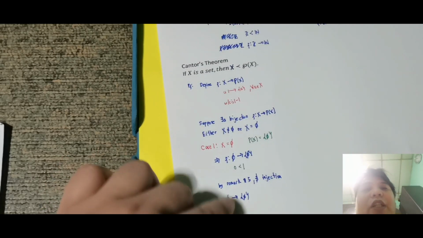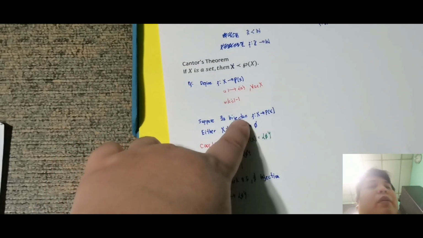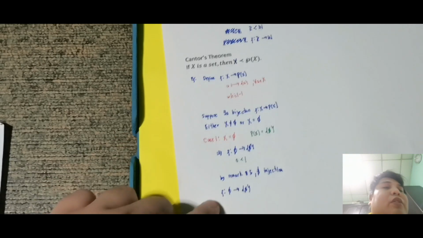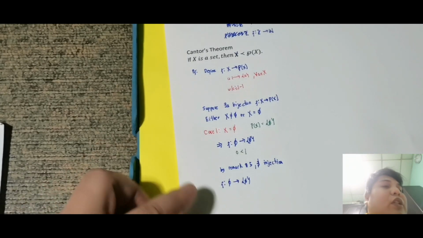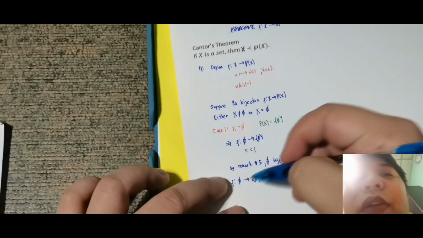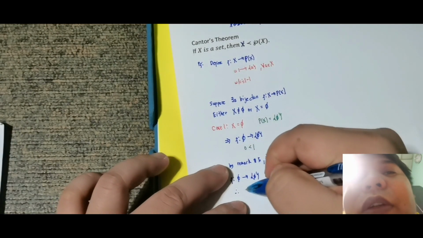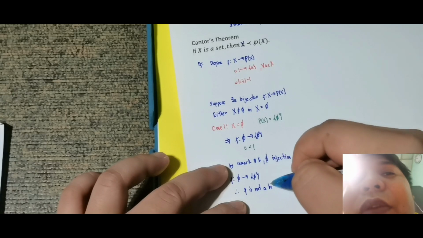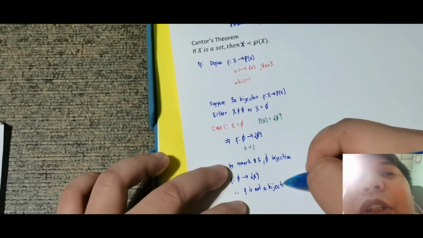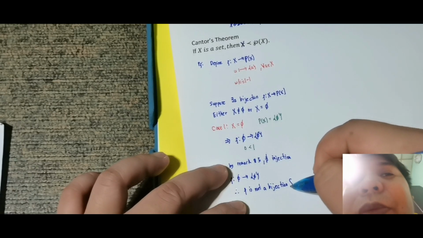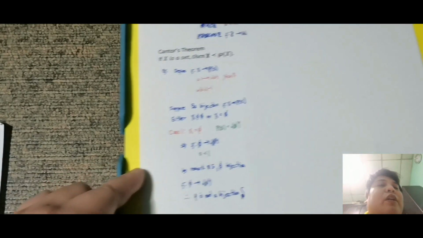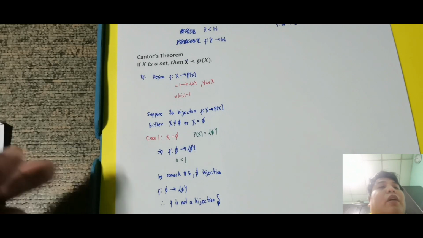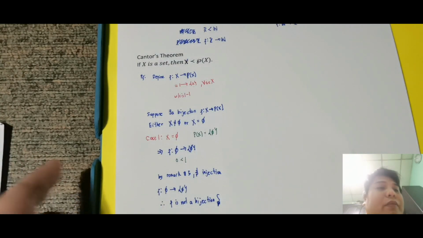So, ang kasing goal, suppose there exists a bijection mapping from x going to P of x. So, since f is not an injection, therefore f is not a bijection. Okay? Which is, this is absurd, or a contradiction. Kinontradict niya yung fact na sinabi mo siya ay bijective. Okay? So, nakakuha ko nung ganun sa case 1.